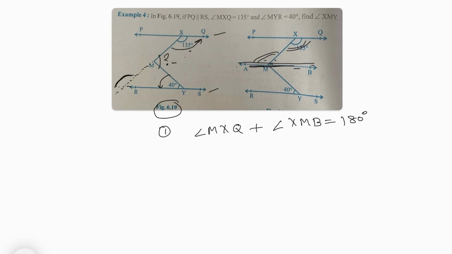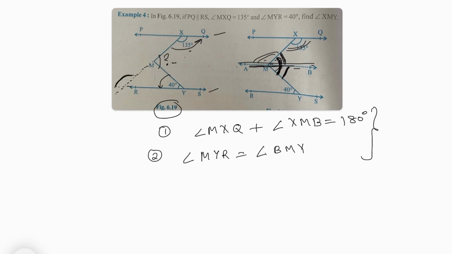So angle MXQ plus angle XMB is equal to 180 degrees. Similarly, the second equation will be angle MYR is equal to angle BMY. The way I have selected these equations is such that either angle XMY wholly is there, or the parts of this angle are in these equations.